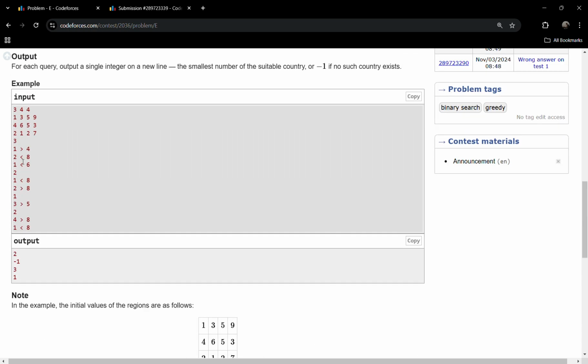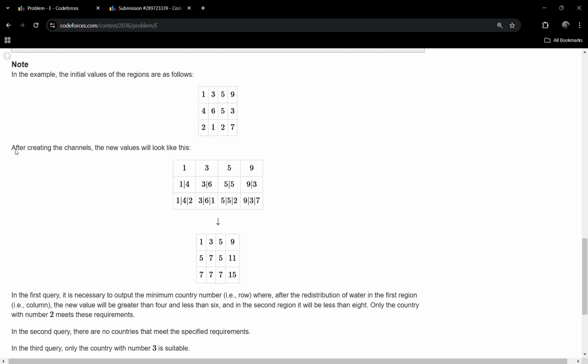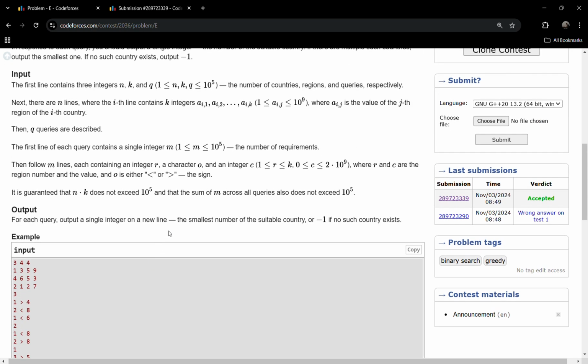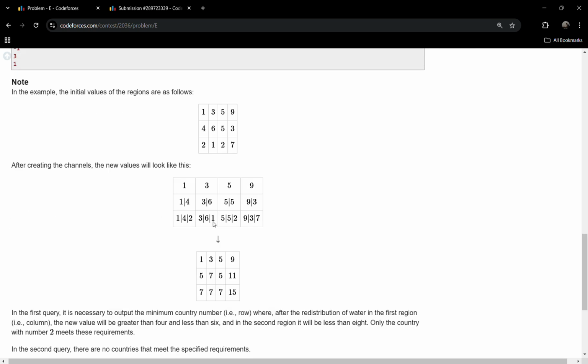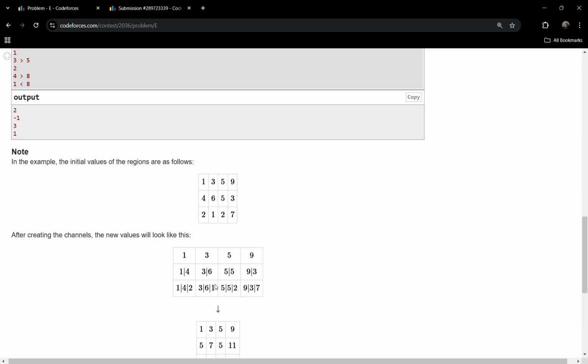Let us take a look at the first query. The first region should have water greater than 4. The second and third regions are the contenders for the answer, and you have to output the smallest number of suitable country. So if 2 and 3 both are valid, then you have to output 2.